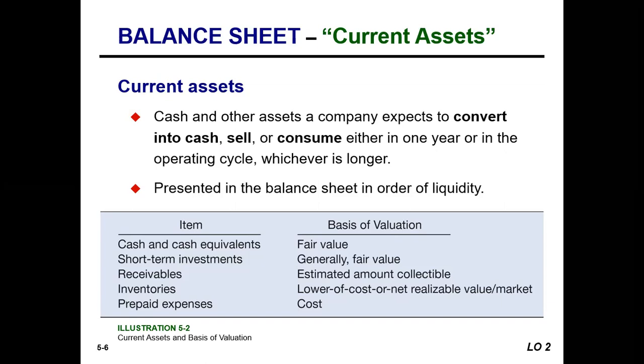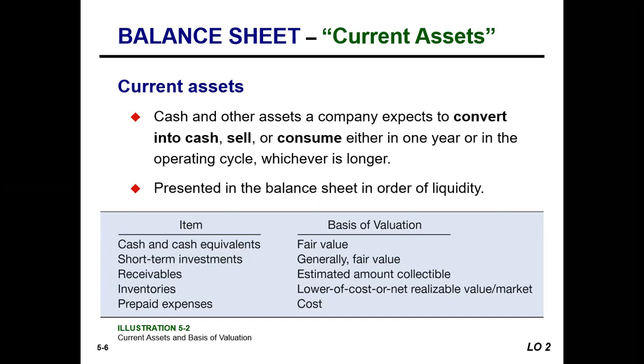But cash equivalents are generally very short-term investments, like within 3 months, that we can convert to cash. Then we see short-term investments. Short-term investments could even be investments that will mature within 1 year, right? But when we think about cash equivalents, that's usually a shorter time period, 1 month, 2 months, 3 months. And we value those based on fair value.